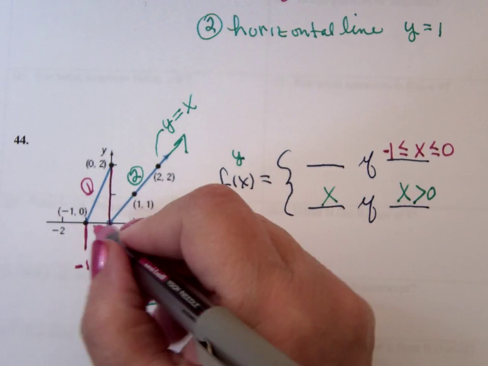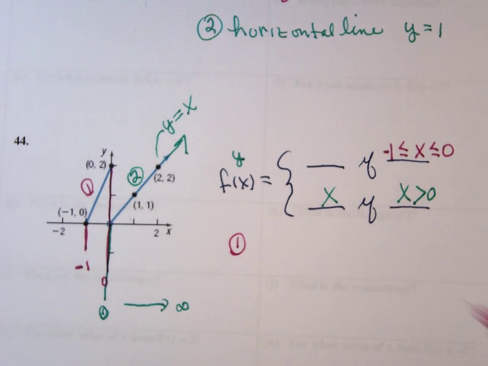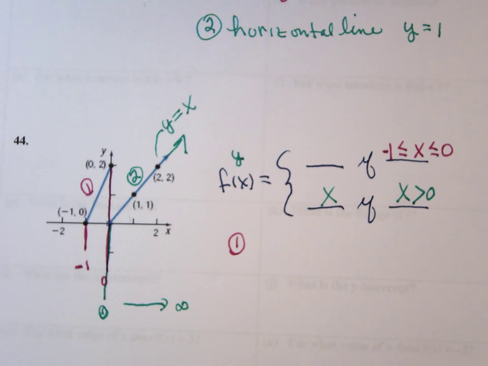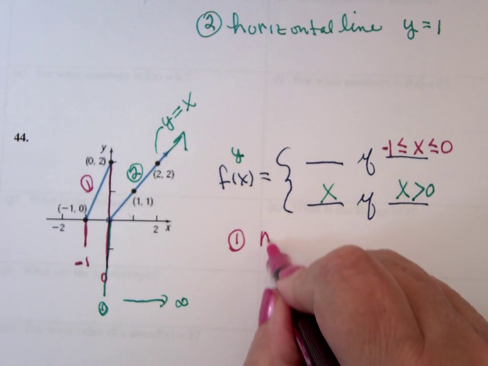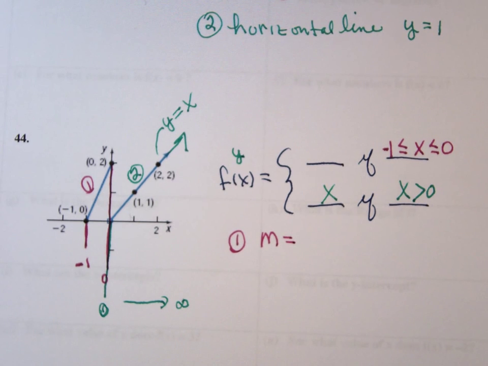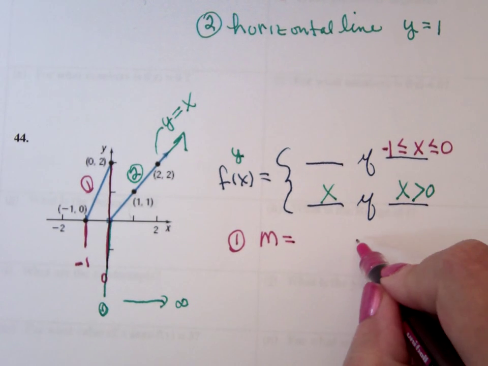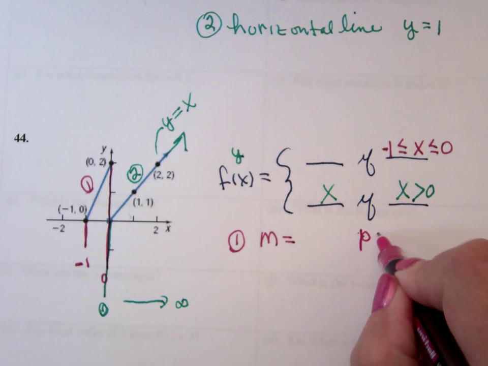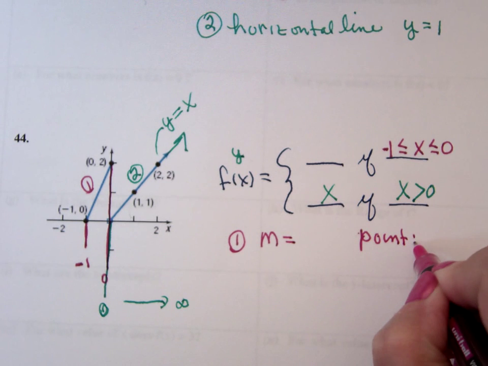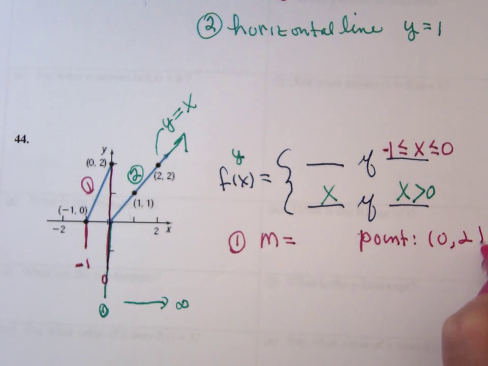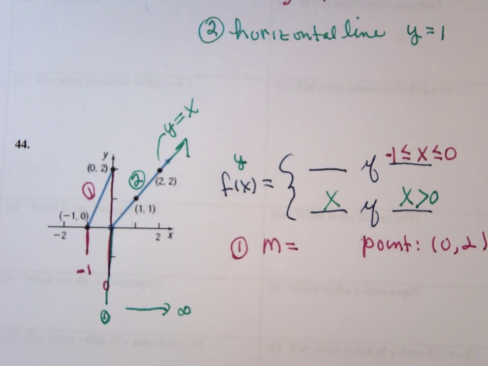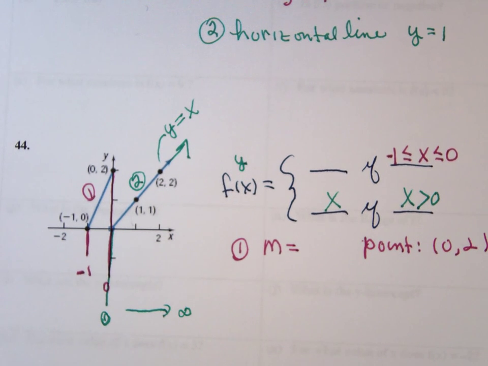So for the first graph, I need the slope. I need a point, and I think I'm going to pick 0, 2. Why would I pick 0, 2? I don't want a negative number.